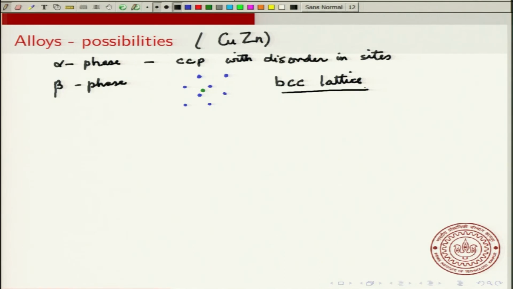But is this all? No, there is a very interesting phase in this system called a gamma phase, in which there is a stoichiometry of Cu5Zn8.